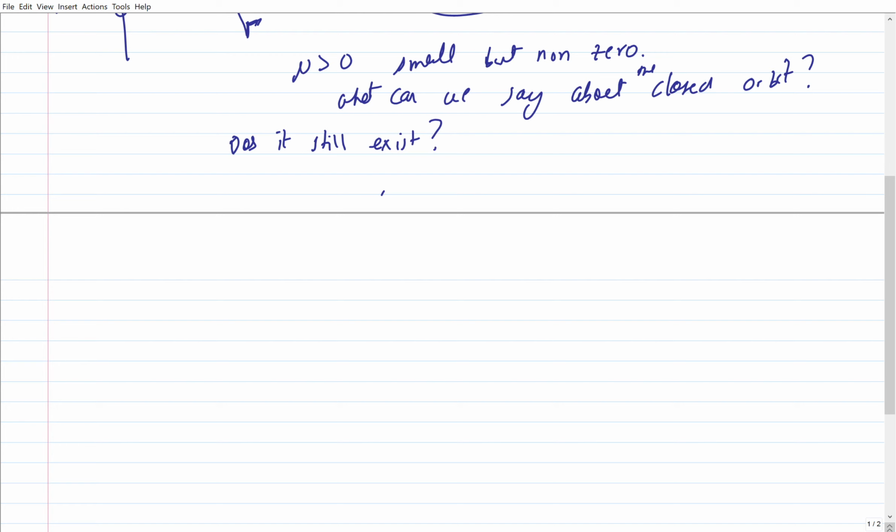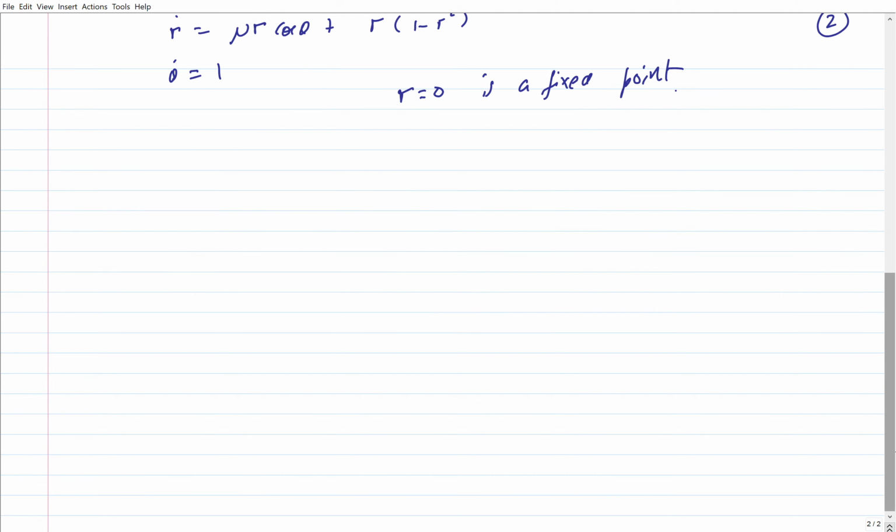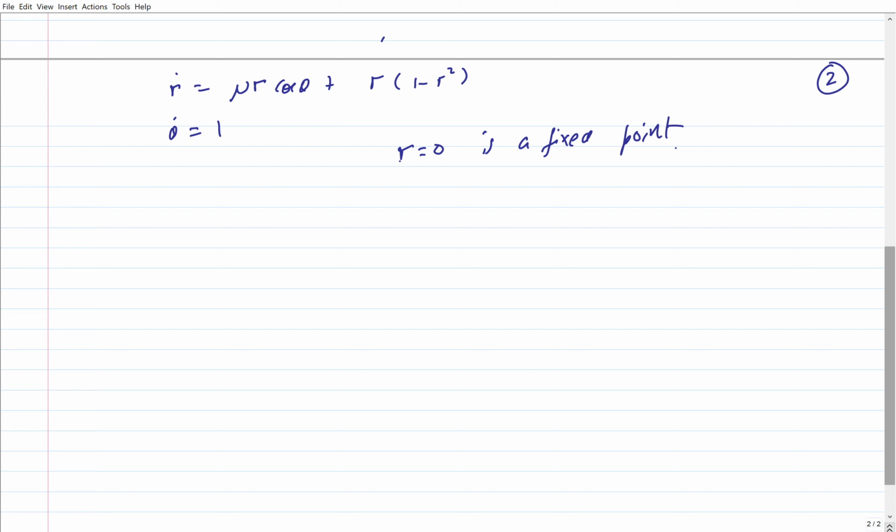So the idea is that if you look at the dynamical system, r equals 0 is a fixed point. So if you are going to invoke the Poincare-Bendixson theorem to guarantee existence of a closed orbit, we have to exclude that.